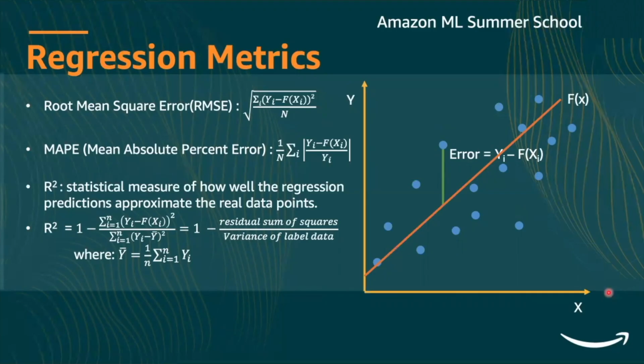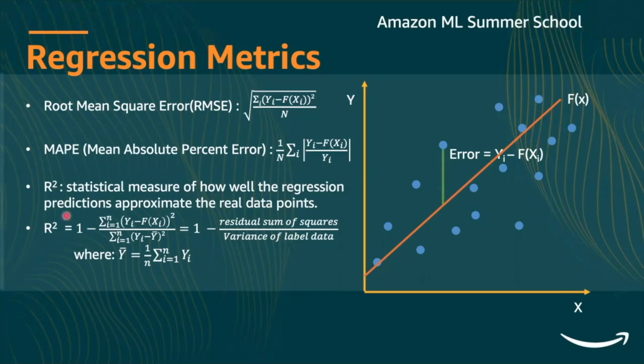It provides a measure of how well observed outcomes are replicated by the model, or more simply, it evaluates the scatter of the data around the fitted regression line.